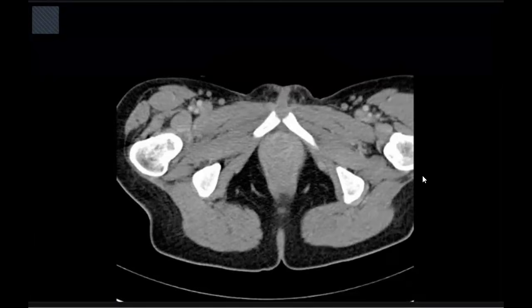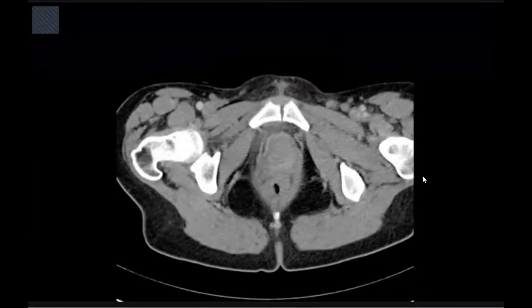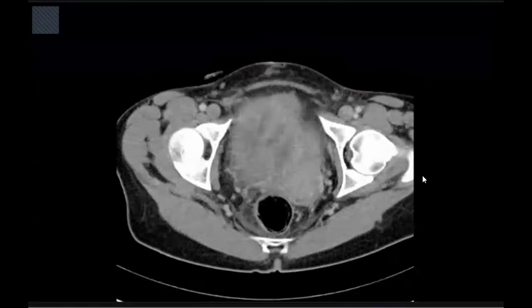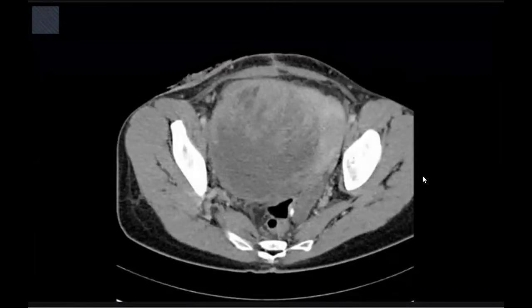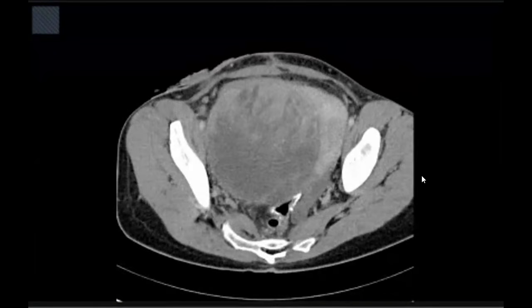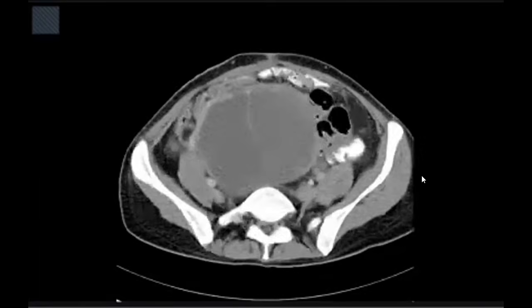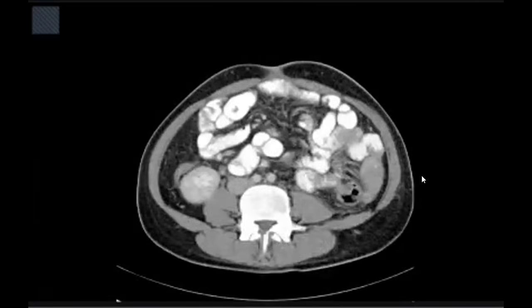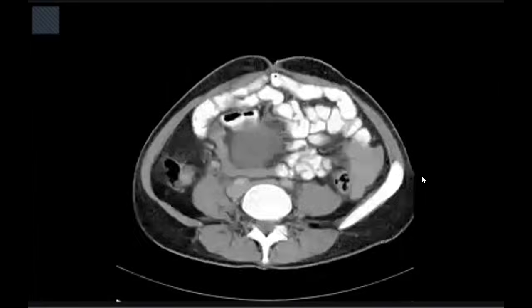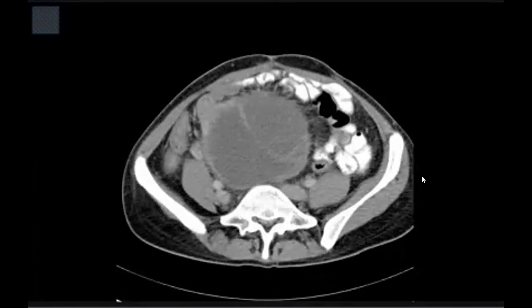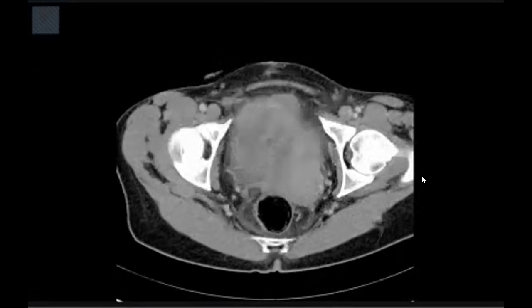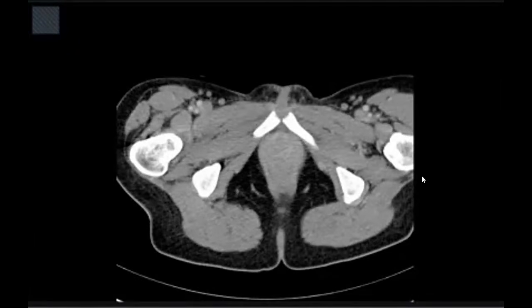This lesion. Is there anything else on this patient?